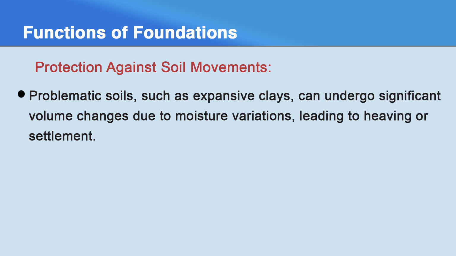Special foundation measures are employed to minimize or prevent distress in the superstructure caused by soil movement. Problematic soils such as expansive clays can undergo significant volume changes due to moisture variations, leading to heaving or settlement.